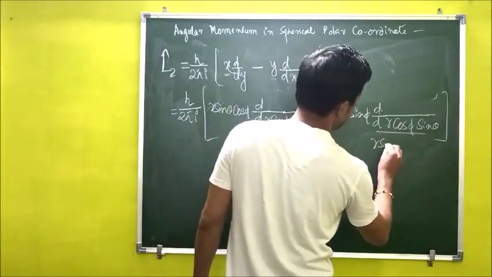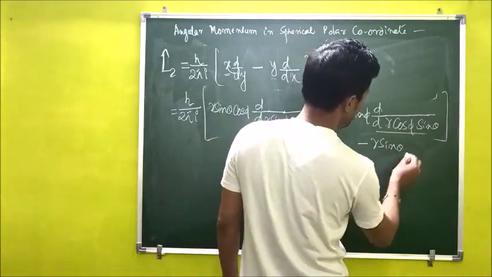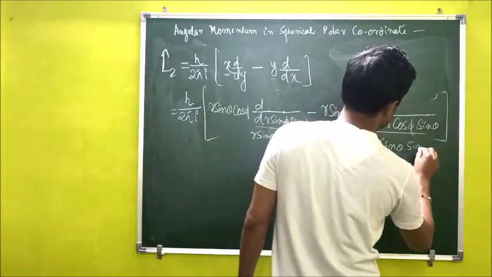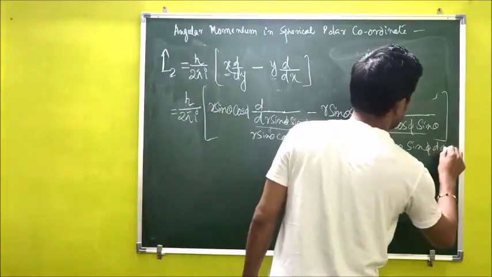So r sin theta into minus of sin of phi into d phi.